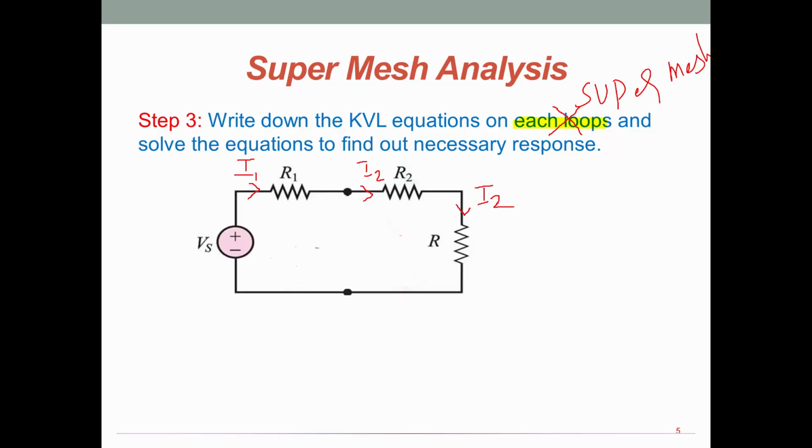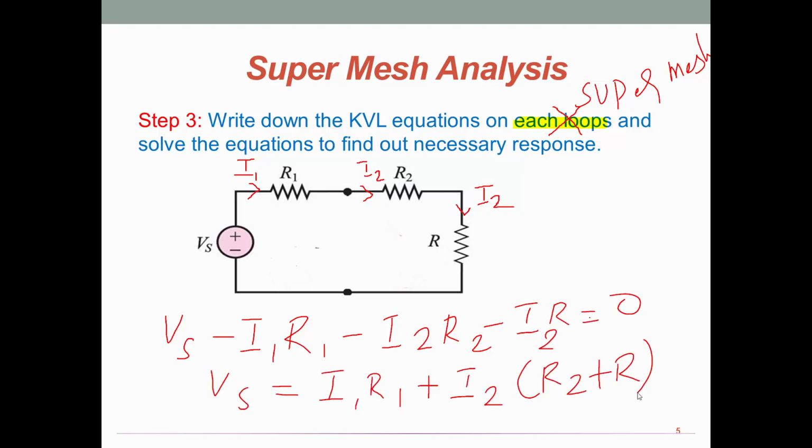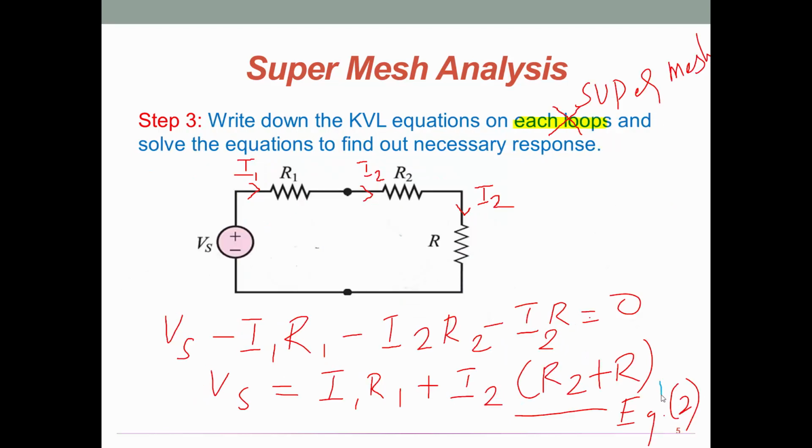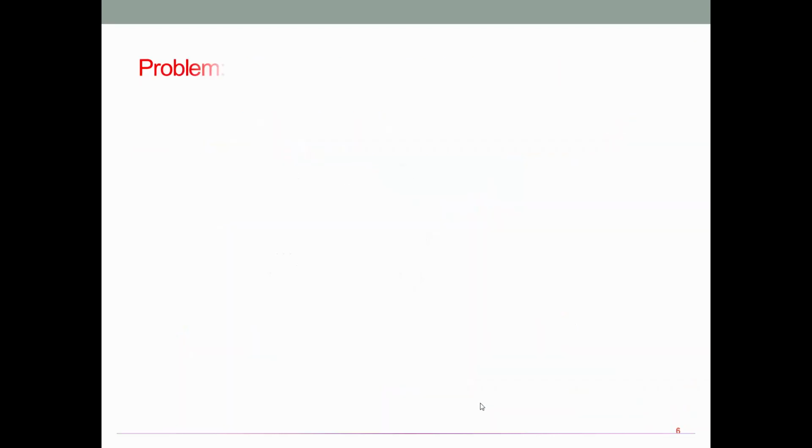Now apply KVL on this loop: Vs minus I1 into R1 minus I2 into R2 minus I2 into R is equal to 0. So this is equation number 2. When you solve equation number 1 and equation number 2, you will find I1 as well as I2. And once you find I1 and I2, you can find any response in this network.